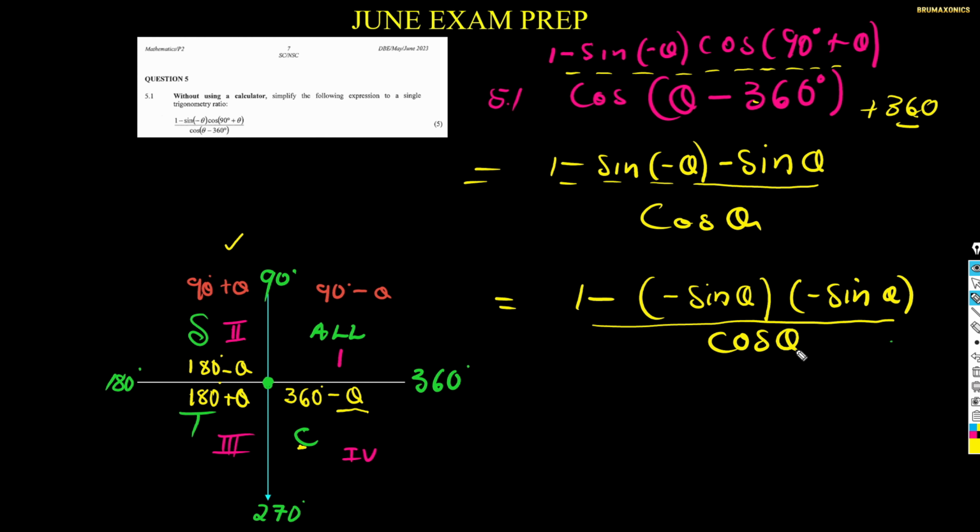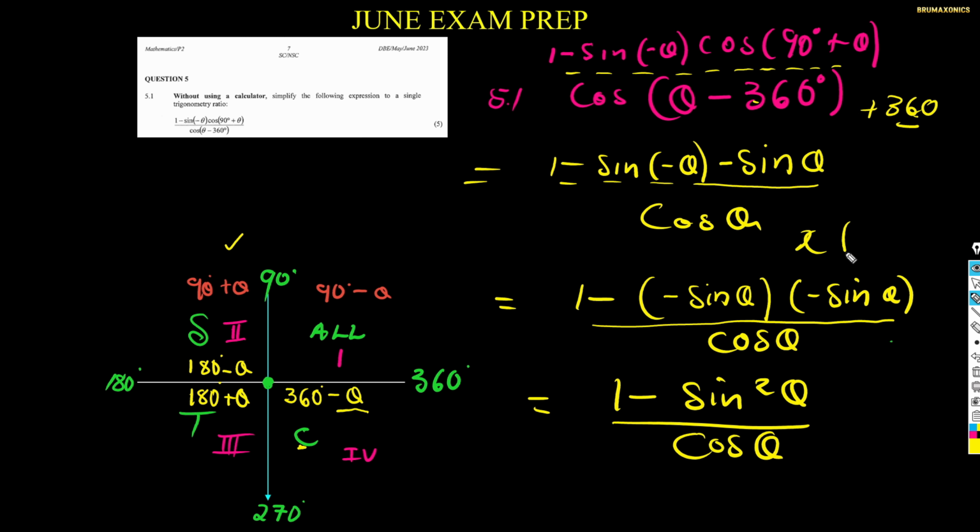Let me write cos theta, and then this is equal to 1 minus sine squared theta all over the cos of theta, right? So remember, this is just like x times x, which will give you x squared. So you don't have to be confused by that, right?